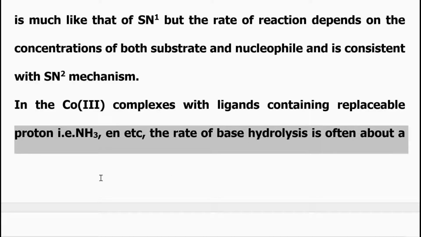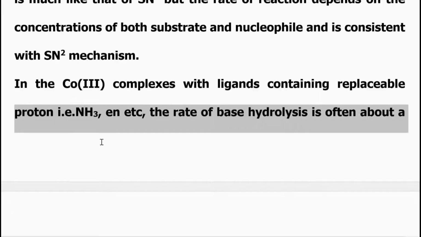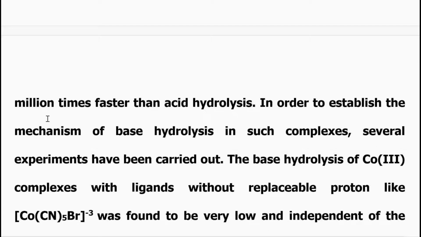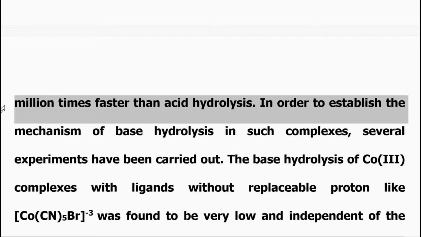So there are two replaceable protons. So when you are studying the kinetics of the base hydrolysis in cobalt 3 complexes containing ligands with replaceable protons, the rate of the base hydrolysis is 10 lakh times faster than acid hydrolysis.